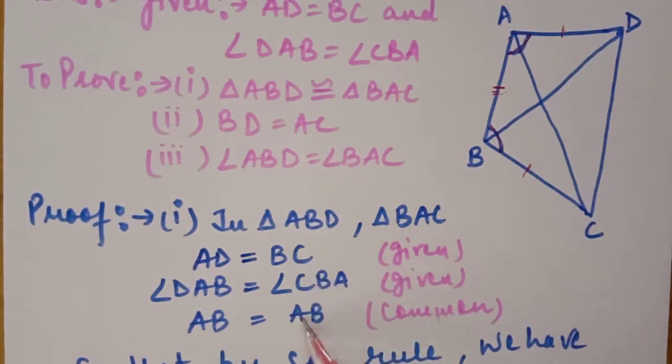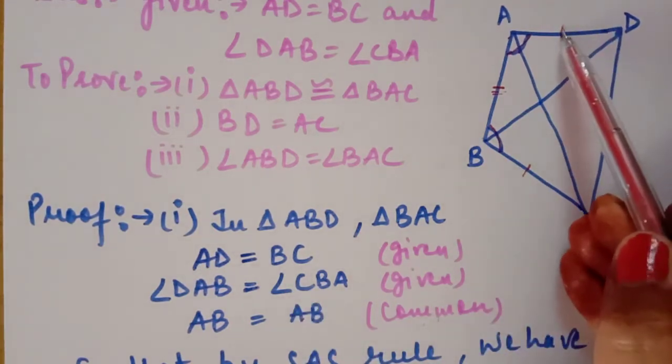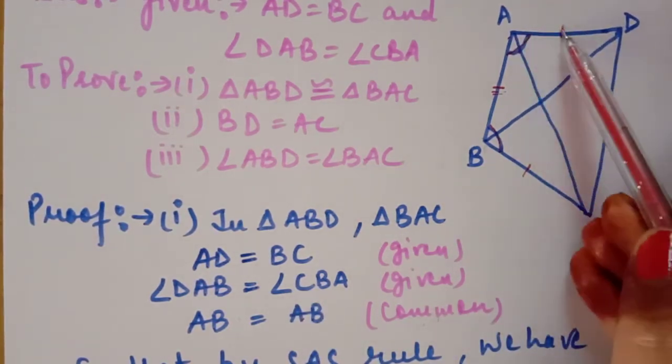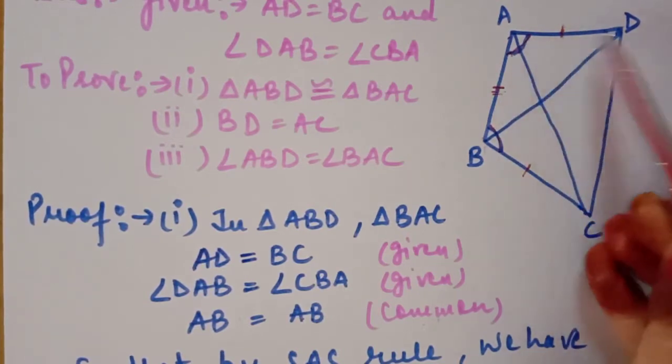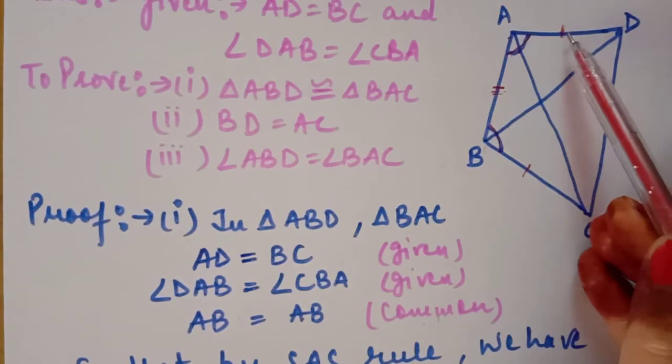Now, let me check the congruence rule. Students, we have to focus on the correct congruence rule. First, we will check in one triangle only. We took this side and this angle from this triangle. So, SAS.